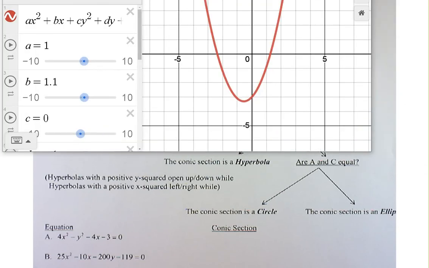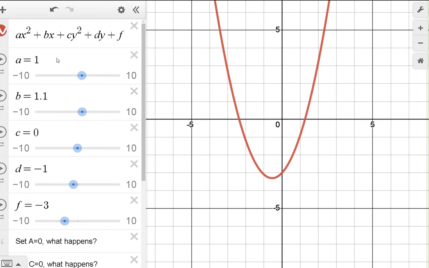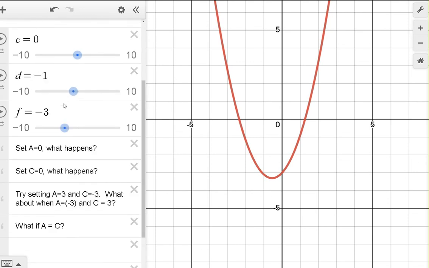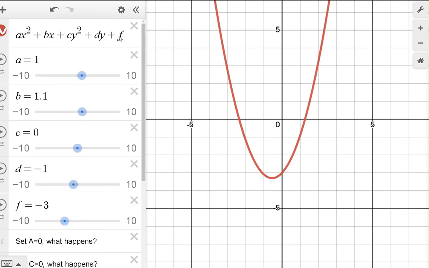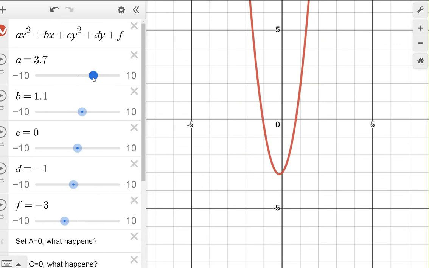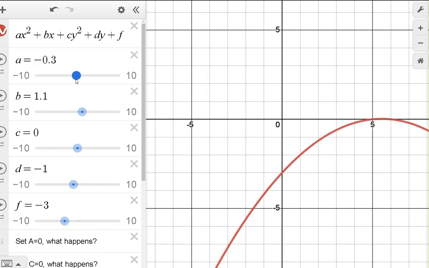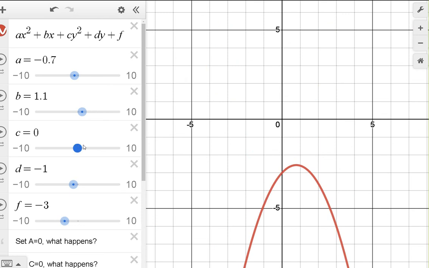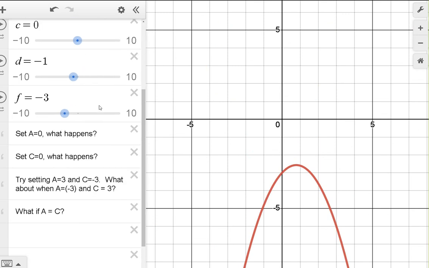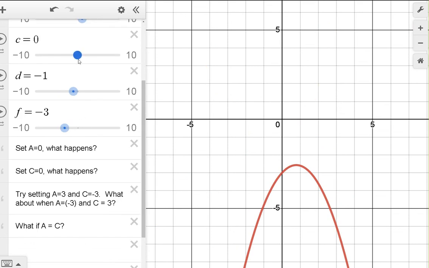What I want you to do is play around with different combinations of values of these parameters, A, B, C, D. I had to use F because E is that special constant for us, the base of the natural log. If you play around with this, it looks like you mostly get a graph of a parabola. But what if C wasn't 0? Right now I set C equal to 0. So play around with different values and see what happens.